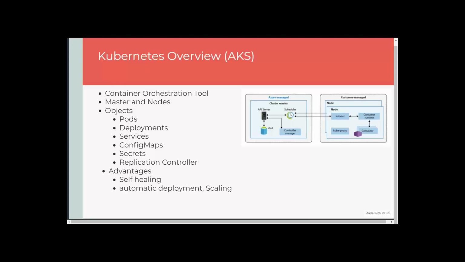Like if I'm specifying the nginx image and I need to have 4 containers, it will always do health checks, like every 15 seconds or 10 seconds. Those are inbuilt capabilities; it will check the health of the containers frequently. If there is something not good, it will stop the container and spin up a new container.